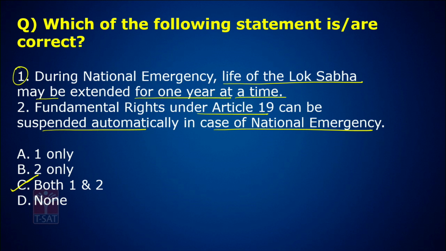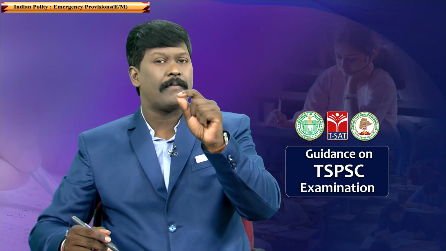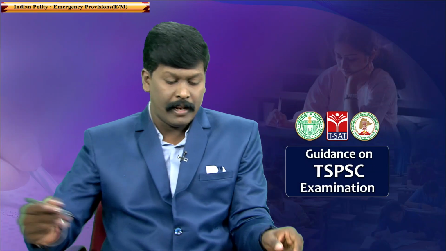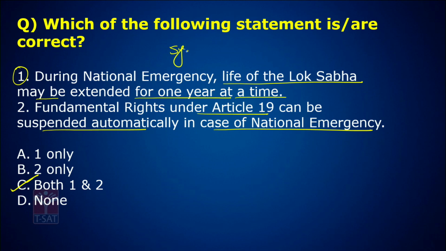Whenever national emergency is imposed, the normal term of the Lok Sabha can be extended by 1 year, meaning 5 years can become 6 years.